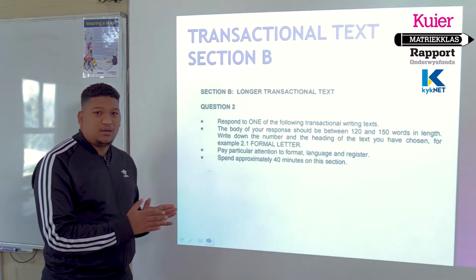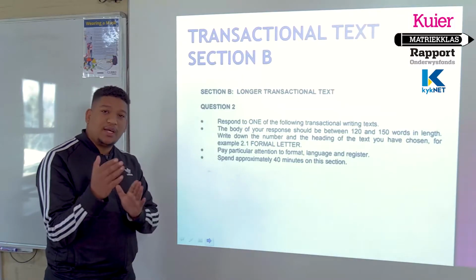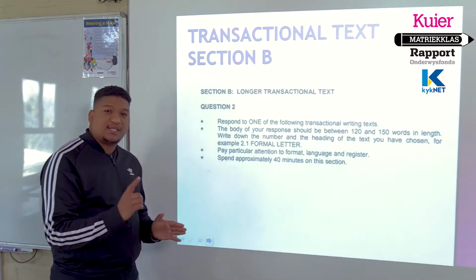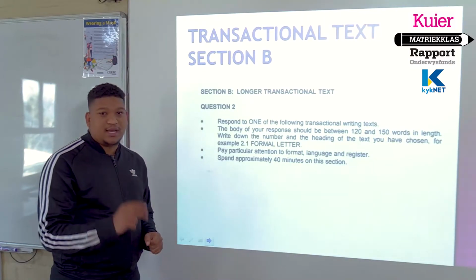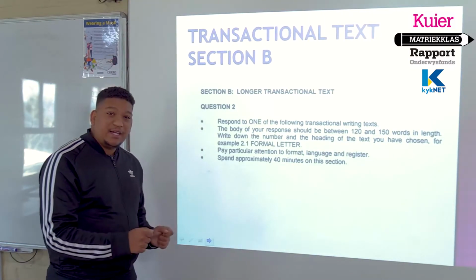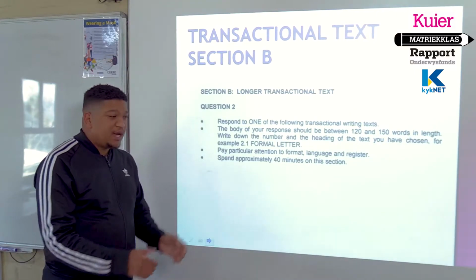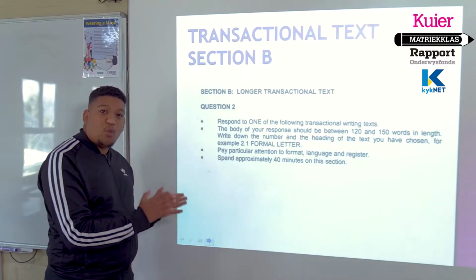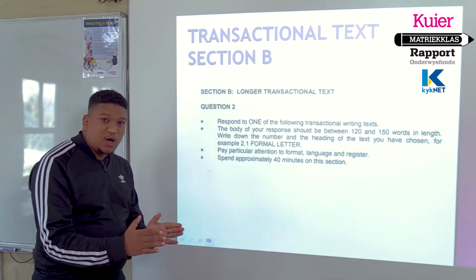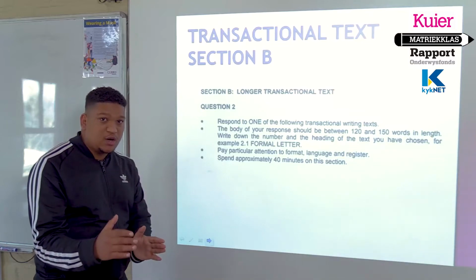If you are home language, you are going to attempt section A, 1 essay, section B, 2 transactional texts. But in English first additional language, you need to focus on the idea: it's section A, 1 essay, section B, 1 text, and section C, 1 text.